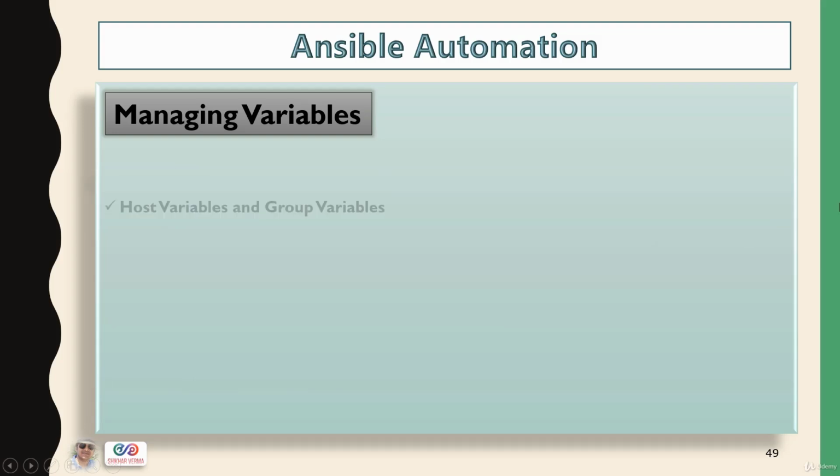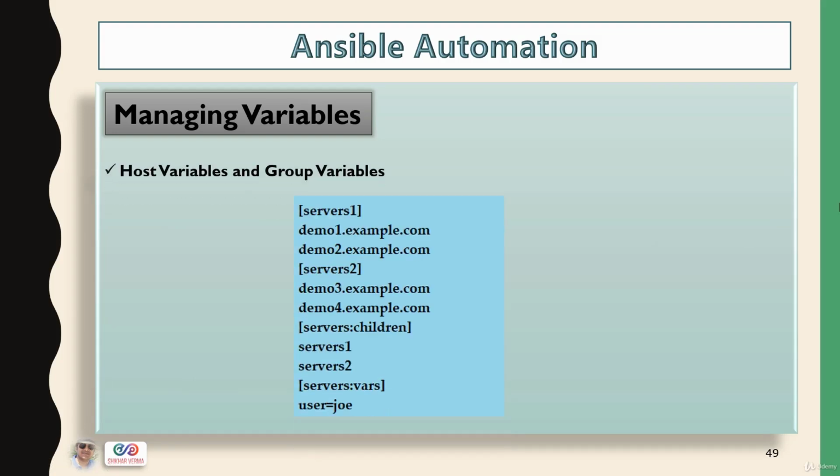Now let's understand what group variables are. To understand group variables, I have taken a simple example. This is my first group, servers1, under which you can see two servers, demo1 and demo2. This is another group, servers2, under which you can see a few more servers, demo3 and demo4. And here I have defined one more group, servers.